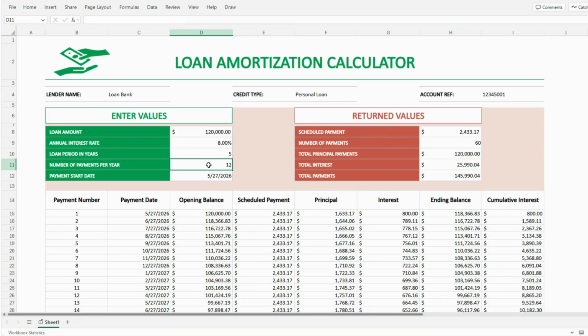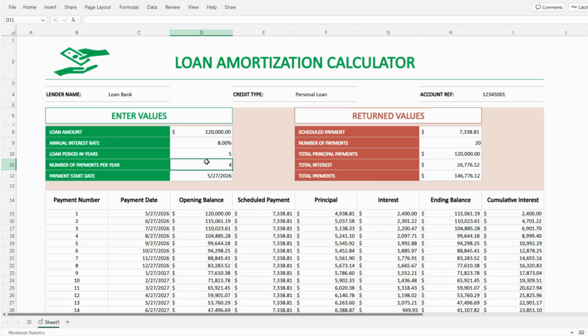Then the number of payments per year. This is the number of scheduled payments that you're required to pay per year. For a standard credit agreement you're required to make 12 payments per year, which is a payment every single month, so you put 12 here. But if it's a special type of credit agreement where you're required to make payments once every quarter, you put 4 here, and the calculations change.